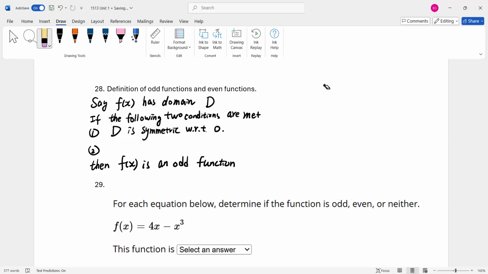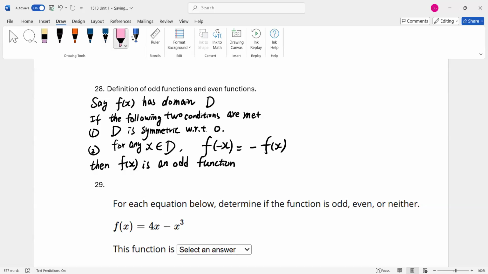And to be an odd function, besides the domain having to be symmetric with respect to 0, another condition must be met. The other condition is for any domain element x in D, f of negative x equals negative f of x.